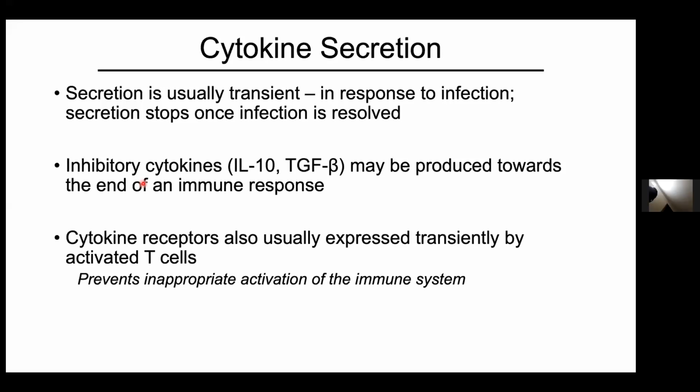So the production of the cytokine and expression of its receptor go hand in hand. So during activation of the genes that code for cytokines, you also get activation of genes that code for their receptors. Remember, the receptors are also cell surface proteins that are actually produced when certain genes are activated.